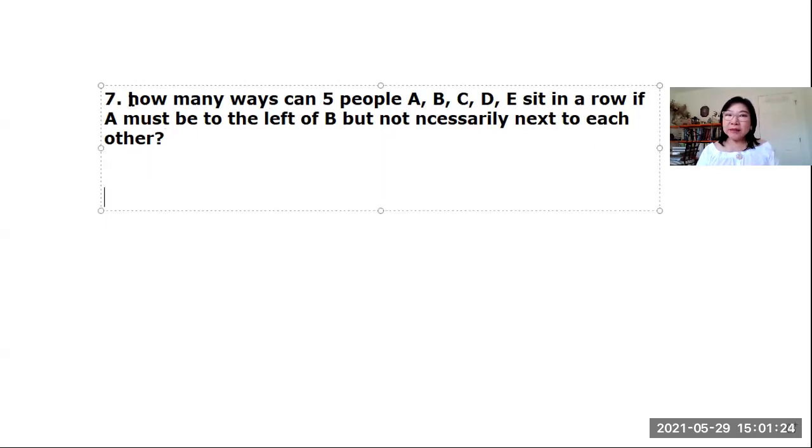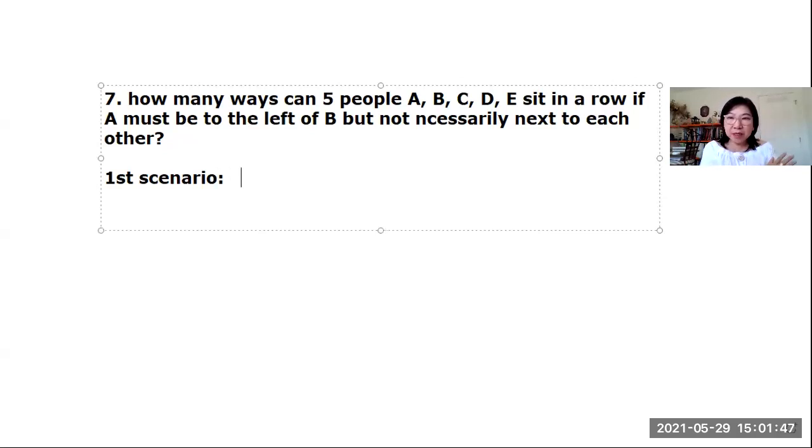So let me present the scenario to you. In our first scenario, the condition says as long as A sits on the left of B, all of these people can sit anywhere.